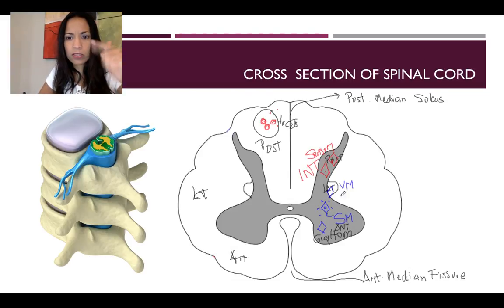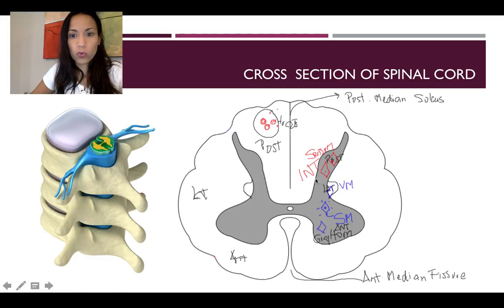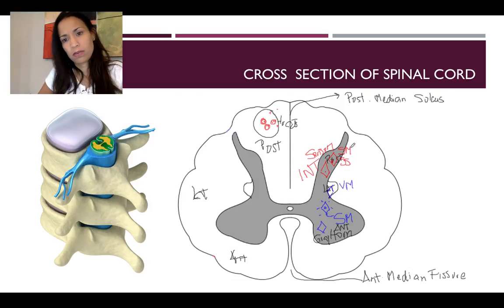Somatic, skeletal muscles; visceral, cardiac and smooth muscle. So we have our four divisions right in here, as you can see. Sensory visceral, sensory somatic, visceral motor, and somatic motor neurons.